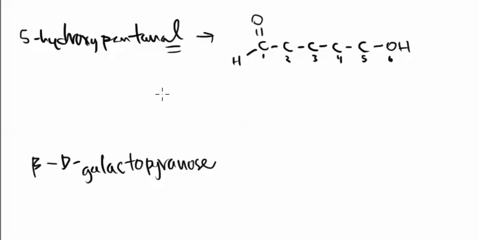Well, this is the carbon that has the carbonyl bond. And this is going to hook up with the O from that OH group. Okay, so this is where I always like to start.